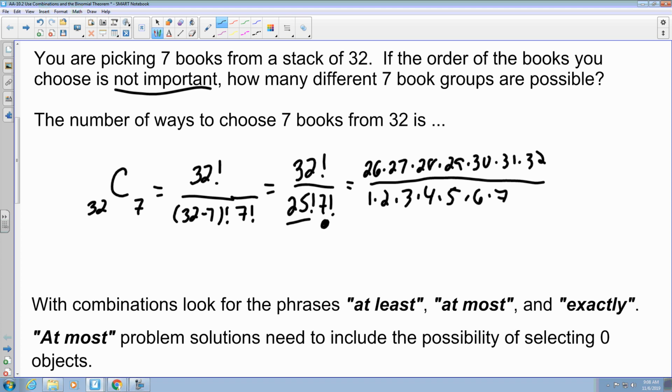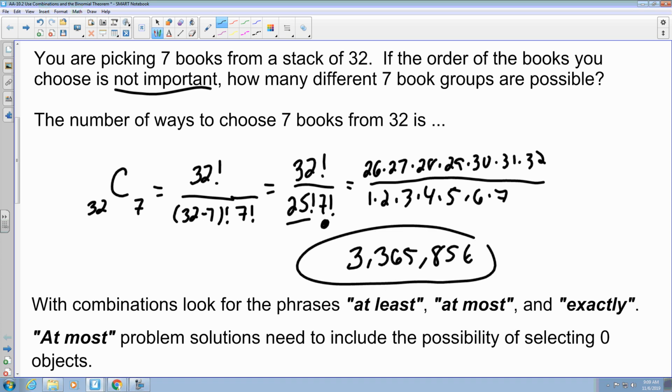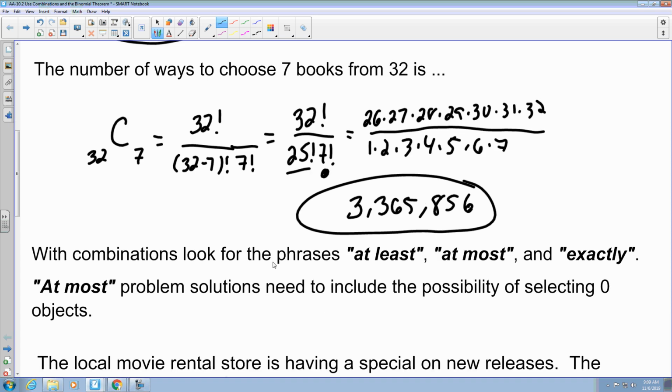Multiply everything in the numerator, multiply everything in the denominator, and I get a total of 3,365,856 possible outcomes.